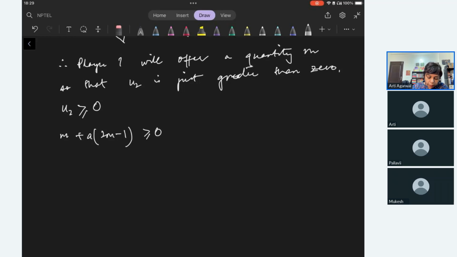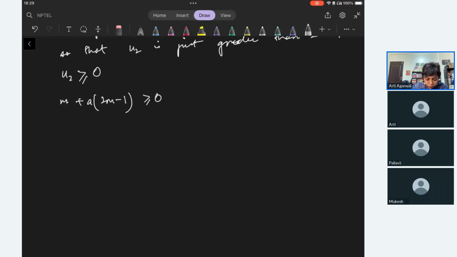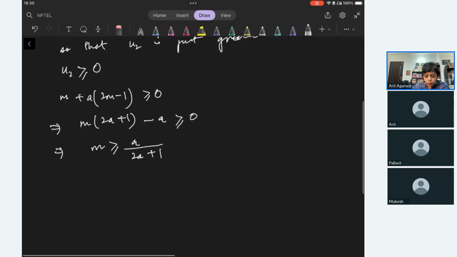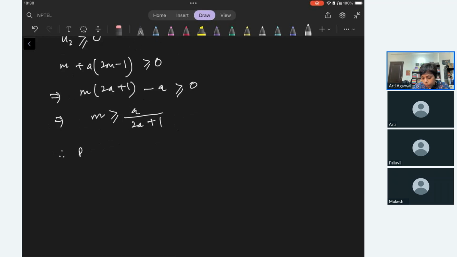Separating the m terms and the a terms, m into 2a plus 1 minus a is greater than or equal to 0, which means m is greater than or equal to a upon 2a plus 1. So player 1 is going to offer some quantity m just greater than a upon 2a plus 1. This is a subgame perfect equilibrium.